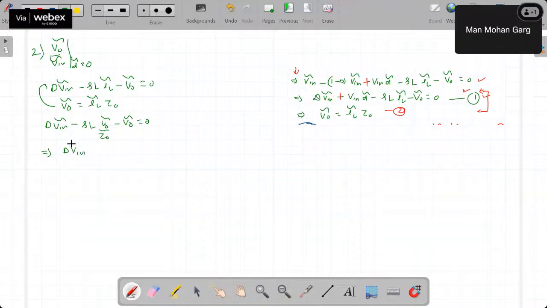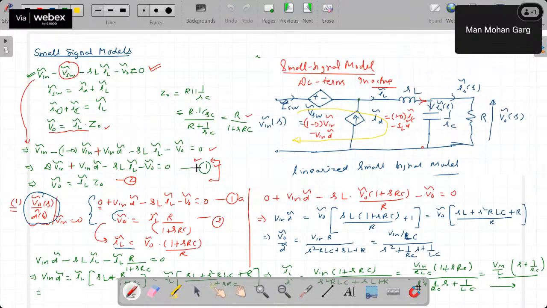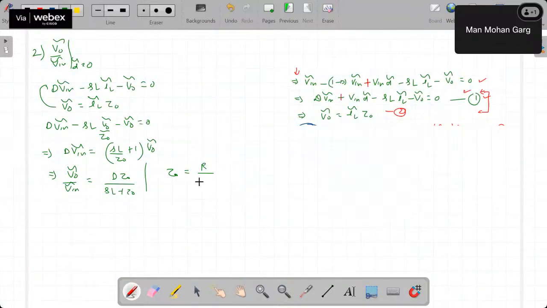So D V in is V naught times something upon SL plus Z naught. Now you put the value of Z naught. What is that? This one, R upon 1 plus SRC. So you get D into R upon 1 plus SRC, divided by SL plus R upon 1 plus SRC.